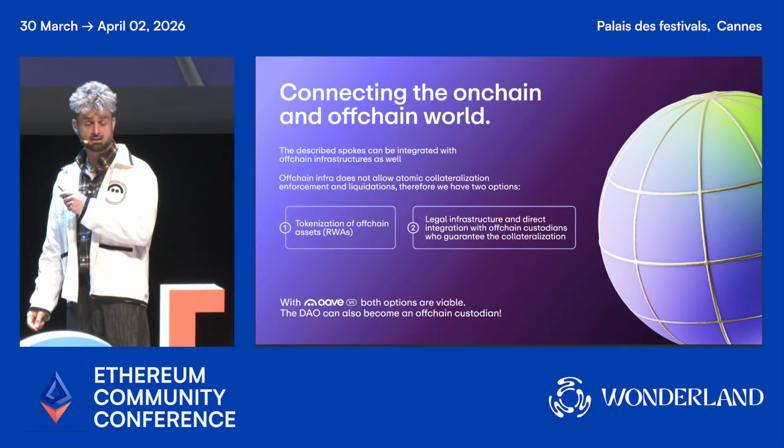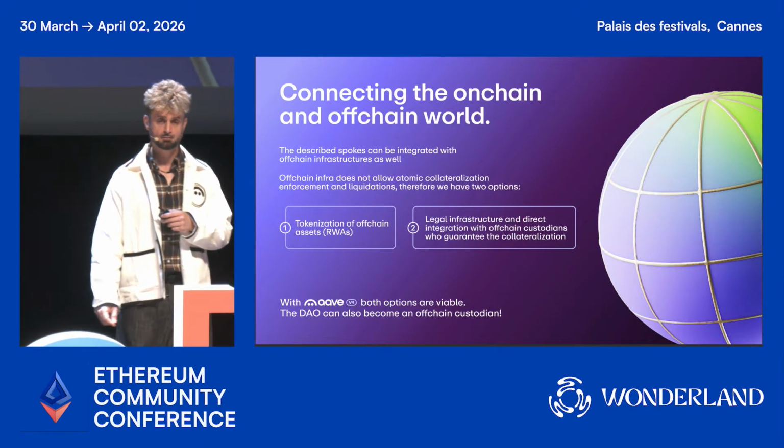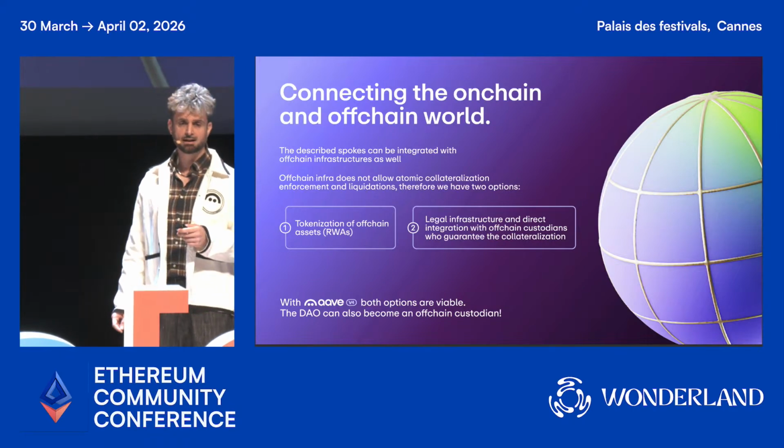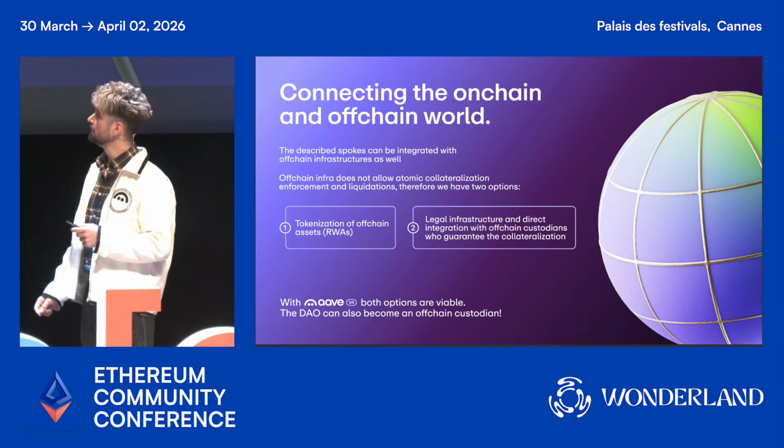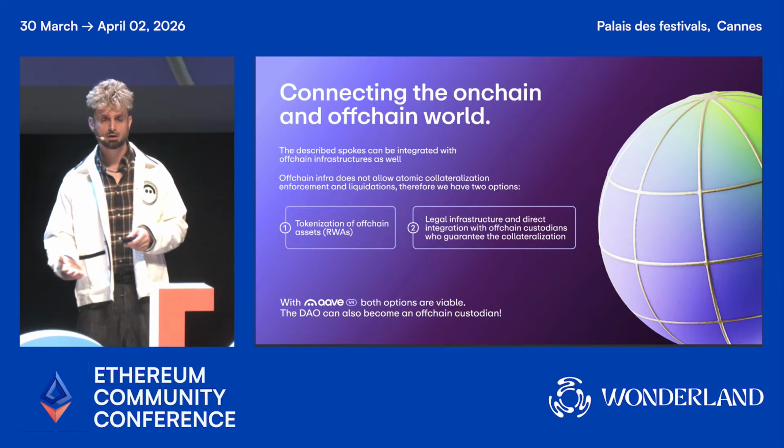So the cool part of this is that these strategies can be used not only with crypto collateral, but they can be used with any collateral in any form that allows to be connected somehow with the blockchain.